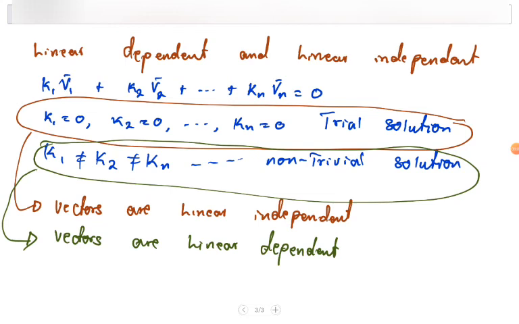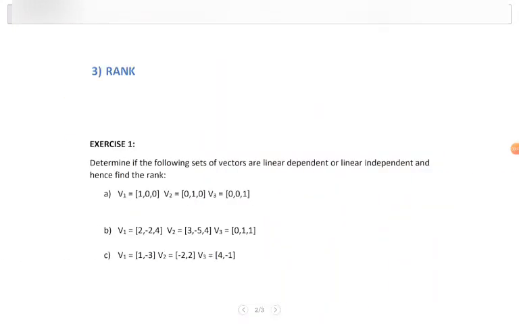All right, and before that, let's just define rank. Rank is just the total number of vectors that are linear independent.